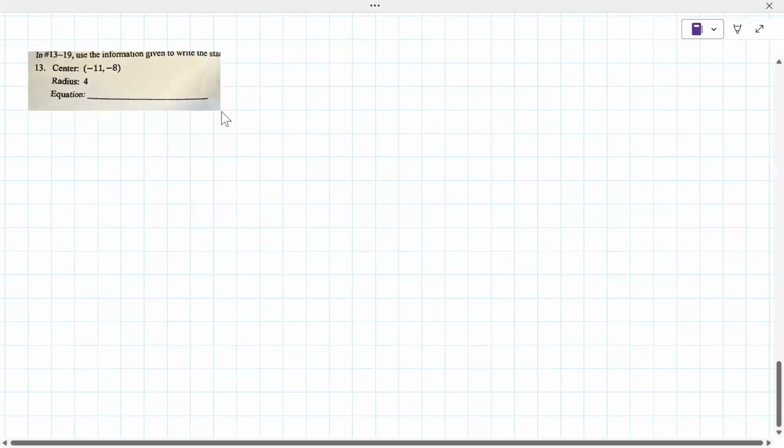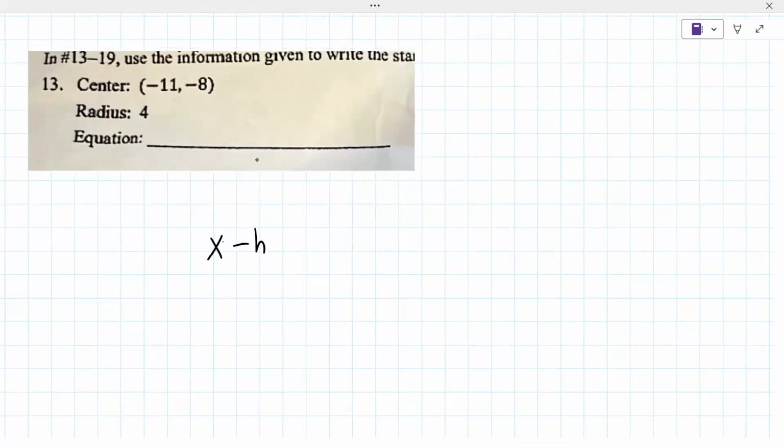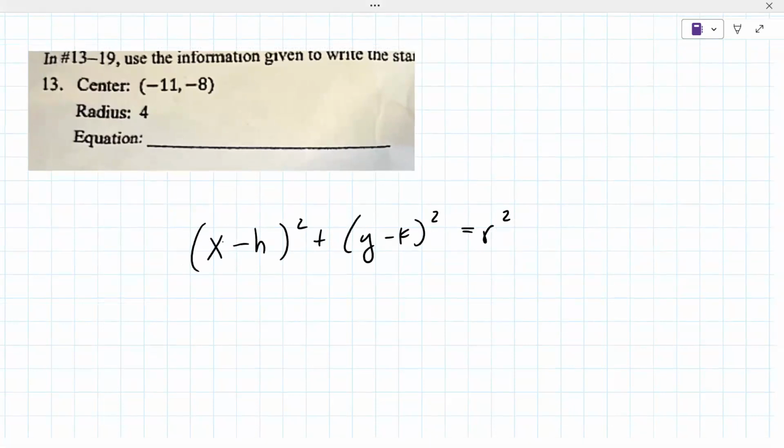So the equation of a circle, and you have to know this, is (x minus h) squared plus (y minus k) squared equals r squared. Have you seen that before? Yeah. H and k are the center. So h in your problem is -11, k is -8.